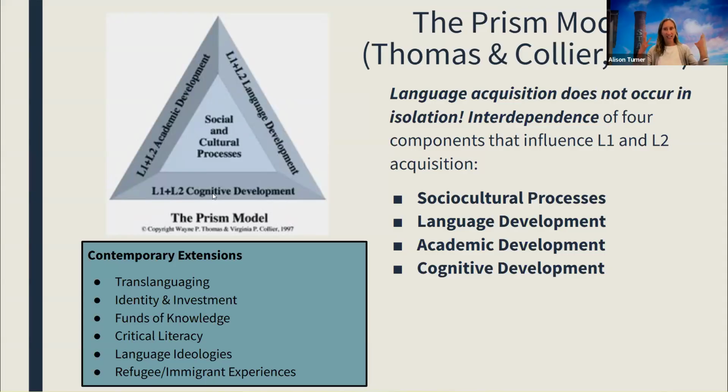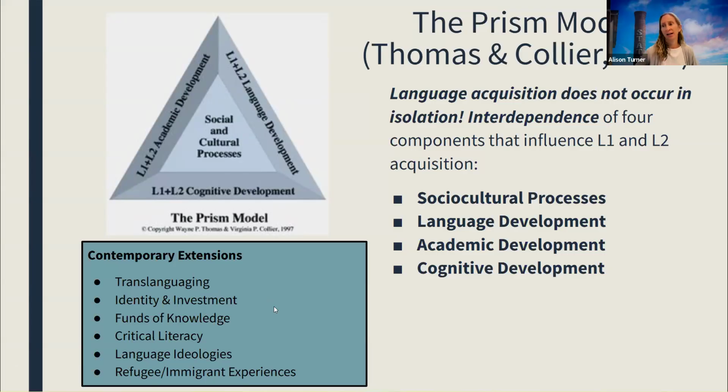And then finally, cognitively, all of our learners, even adults, continue to improve in their ability to have metacognition, to think about their thinking, about their learning, problem solving, critical thinking, memory. All of that cognitive development is also ongoing.